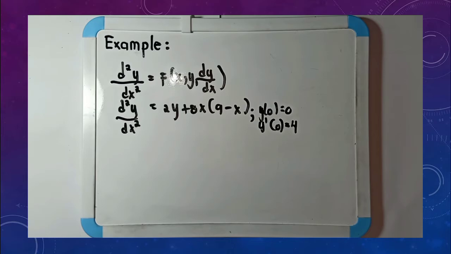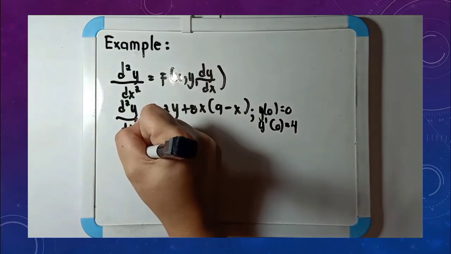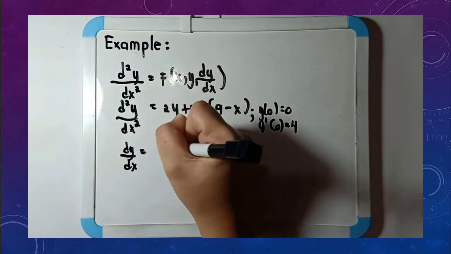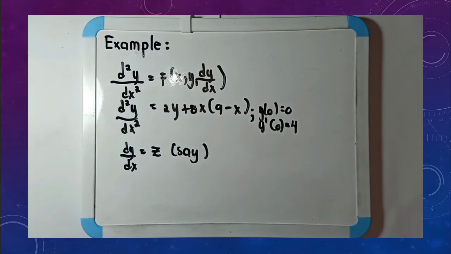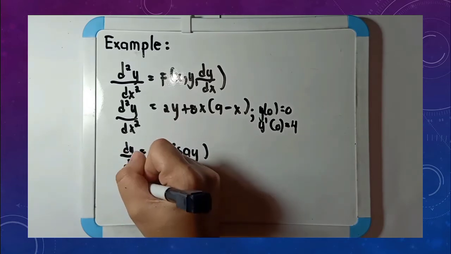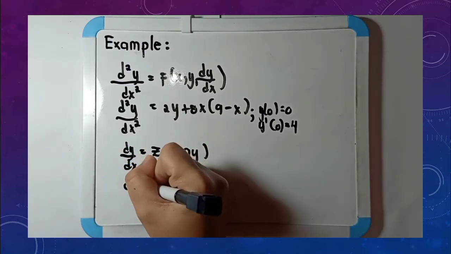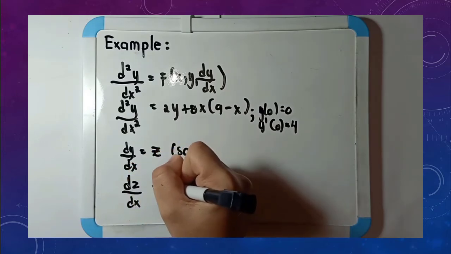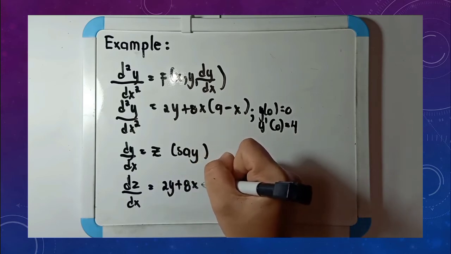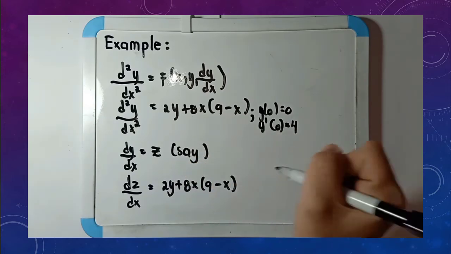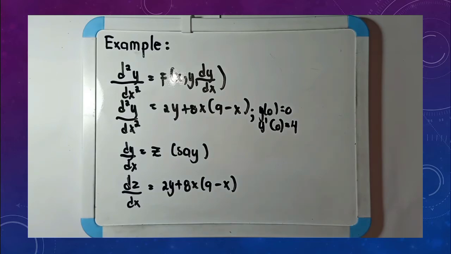We assume that dy over dx is equal to z, introducing another variable z. That changes this one to dz over dx equal to 2y plus 8x times 9 minus x. That's what it gets reduced to.